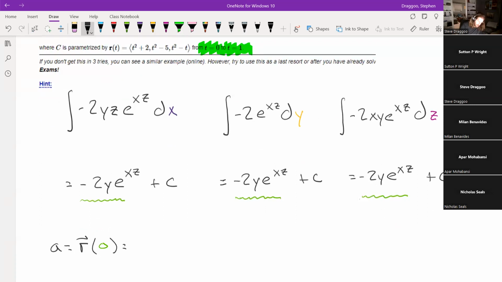Starting with 0, I'm plugging that into my r function. So 0 squared plus 2, 0 squared minus 5, and 0 minus 0. That's 2, 5, 0.